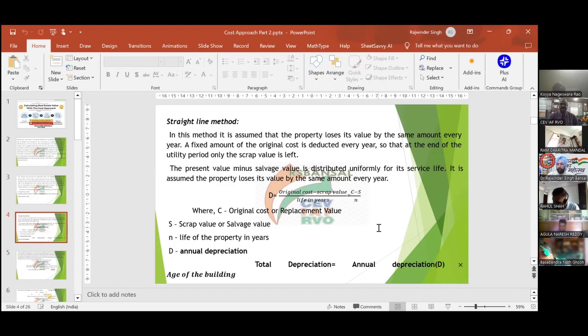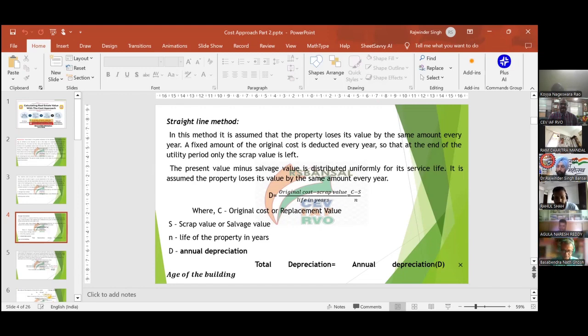And the value of the property, when its physical life has come to an end, it cannot be used anymore. Then we call it scrap value. Yes. So there are two things. One is salvage value and second one is scrap value. But for theoretical purposes, for calculation purposes, we assume both to be equal. Though they are not equal practically, but for calculation purposes, generally they are assumed to be equal.